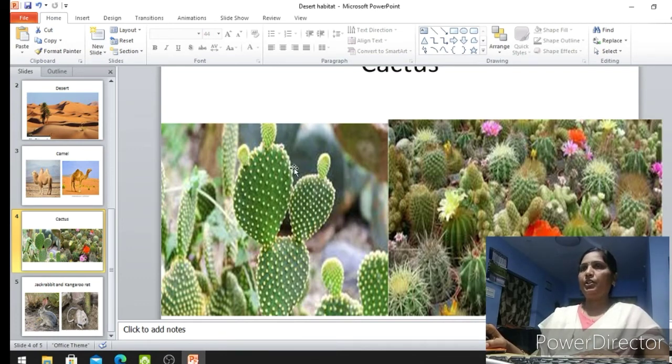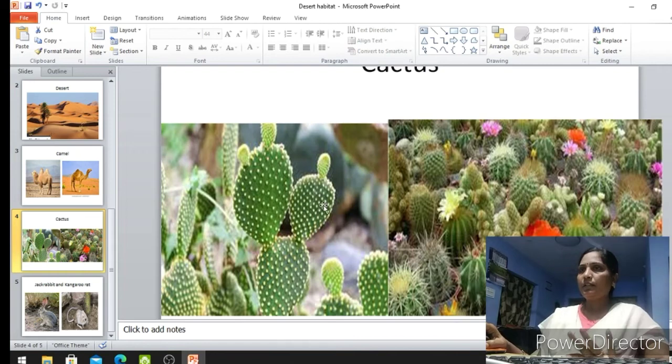And the fourth adaptation they are showing is that their stem has a waxy coating to stop the loss of water and to store the water. The stem is also storing water, and to stop the loss of water they have a waxy coating on their stem areas.